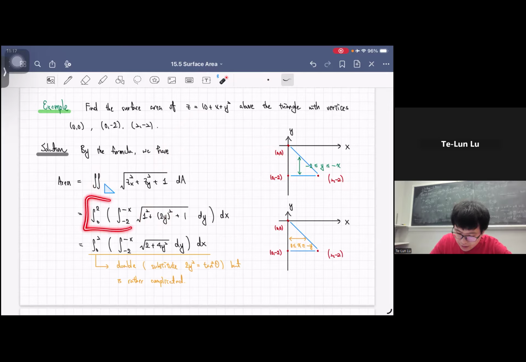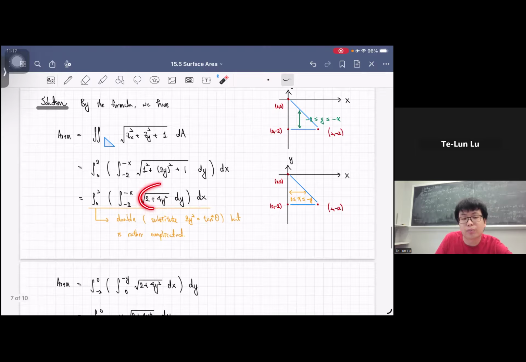So in this case, I first do the type 1 region thing. I regard x to be having a constant bound. So x goes from 0 all the way to 2, right? And by fixing a particular x, y goes from minus 2 all the way to minus x. So that is this guy. And if you do the algebra, you will see that we're integrating this guy, square root of 2 plus 4y squared dy.